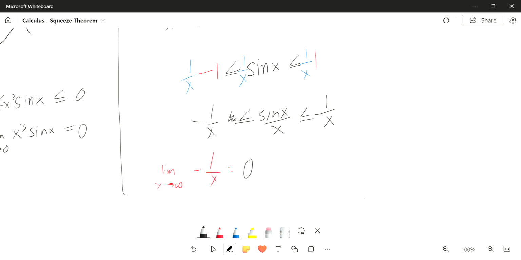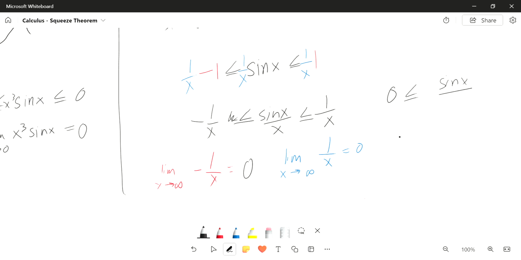So that means your infinite limit for negative 1 over x is equal to 0. And the sign you have over here does not change it, because this denominator is simply too big. So the limit of 1 over x as x approaches infinity is also equal to 0.